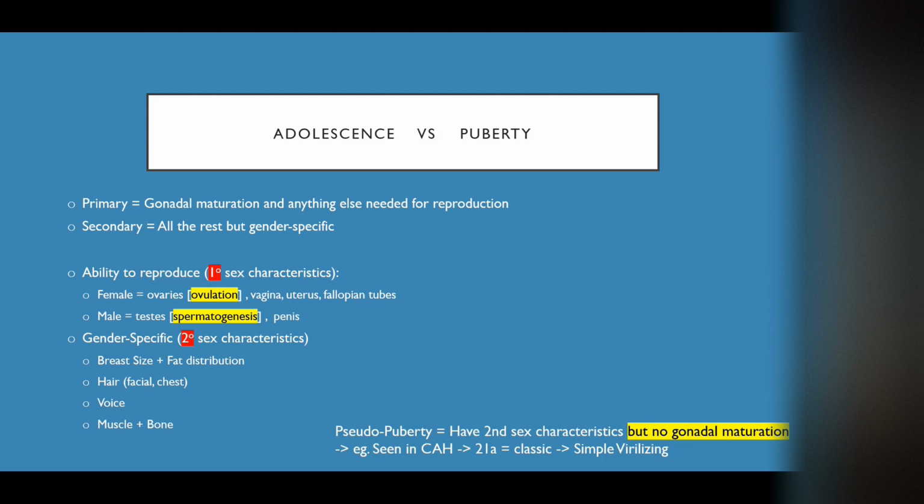If it doesn't go orthodromic, they will not mature. So if I inject you with testosterone or estrogens, you will have your secondary characteristics, but not gonadal maturation. Proper pulsatile FSH and LH stimulation is needed for gonadal maturation. Otherwise, they don't mature.